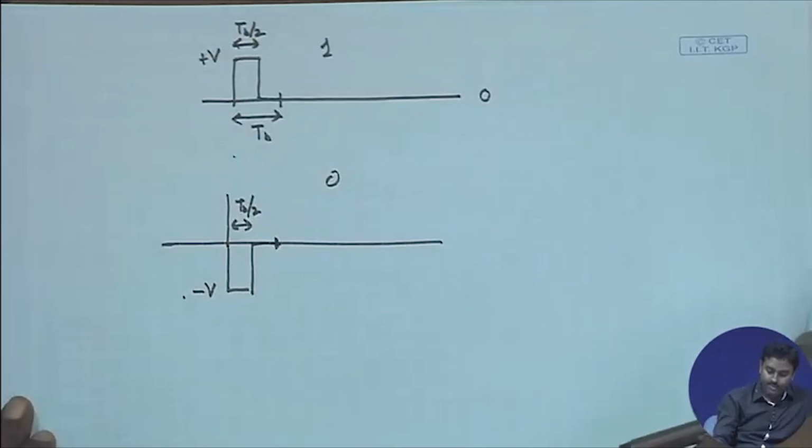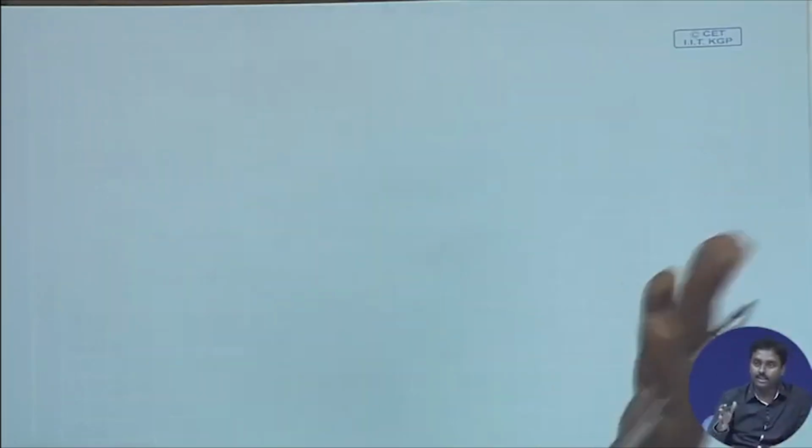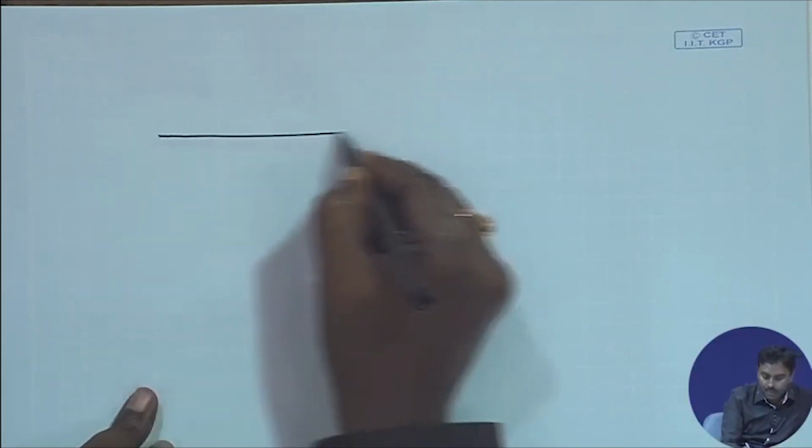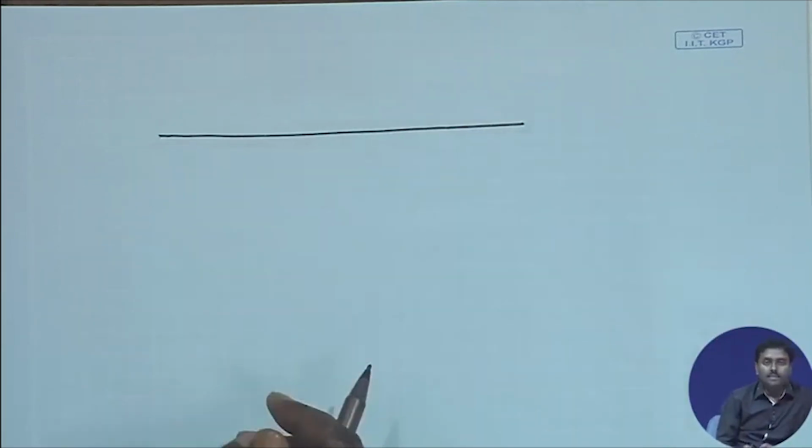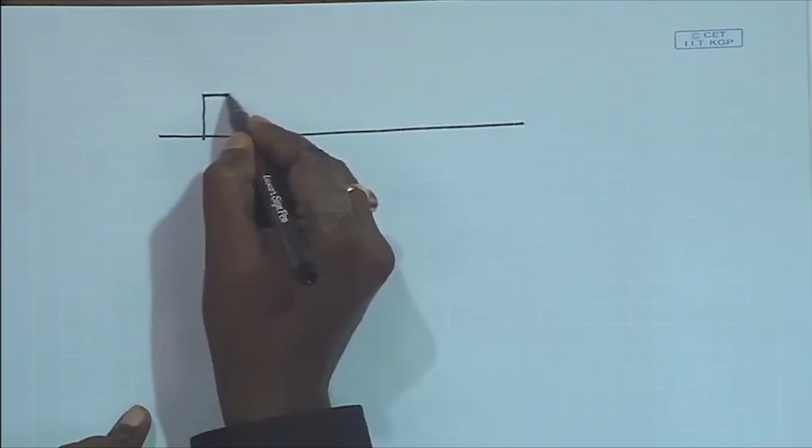Now let us think of a random signal which actually carries information at the receiver. That has random binary streams. That means 1s and 0s are all mixed. It can be 1, it can be 0, I do not have prior information. So it can be any way.